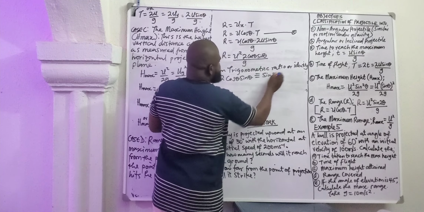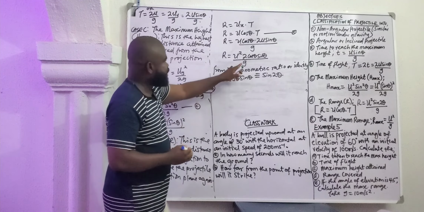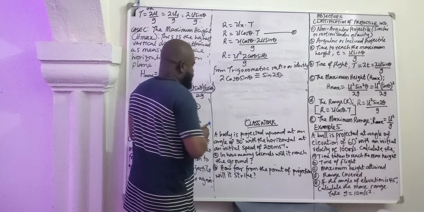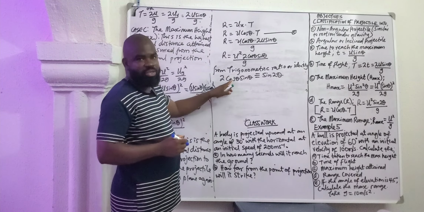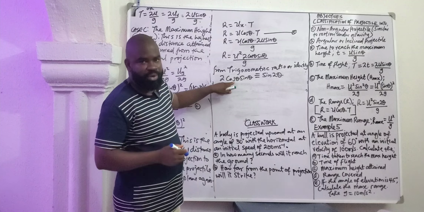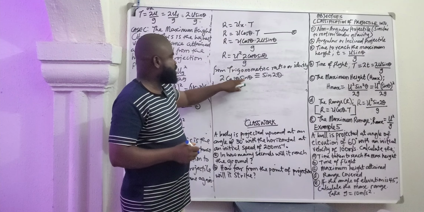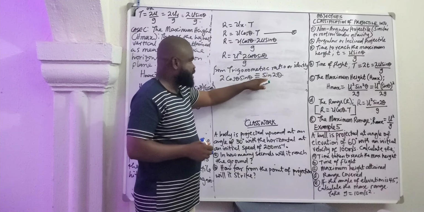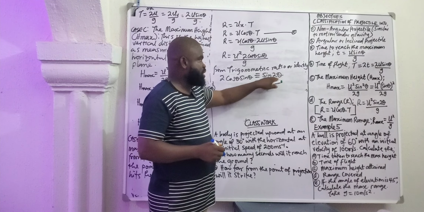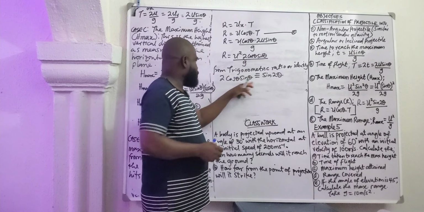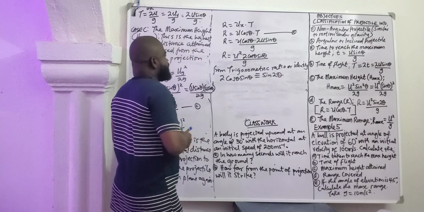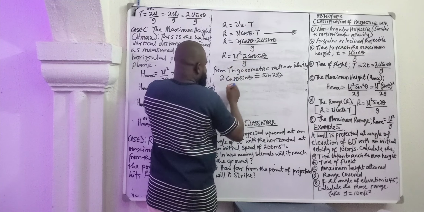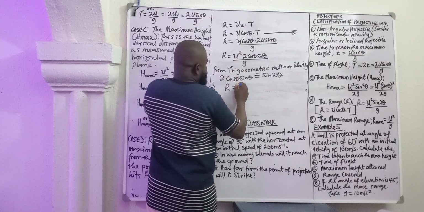Sine 2 theta. So which means in place of 2 cos theta sine theta, I will replace it with sine 2 theta. I've told you to assume that theta is 30 degrees and press your calculator. Cos 30 sine 30 multiplied by 2. You will get the same thing as sine 2 times 30, which is 60. Sine 60 will give you the same thing, telling you that this identity is correct. So I will replace this u squared.